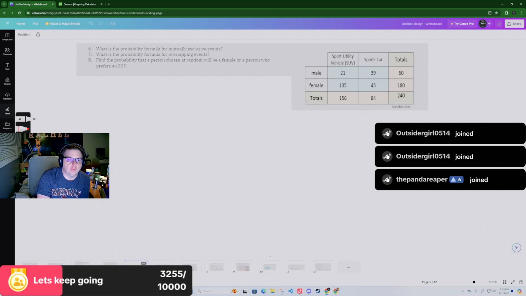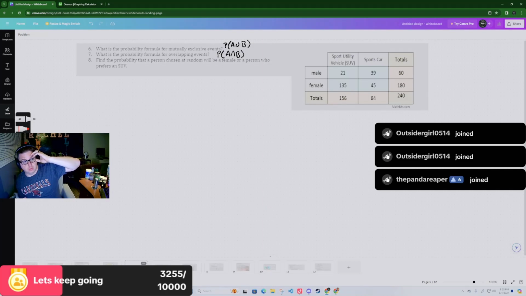What is the probability formula for mutually exclusive events? That's an OR probability. For overlapping, we're looking at an and. Find the probability that a person chosen at random will be a female or a person who prefers an SUV. So for this one, for mutually exclusive, it means there's no overlap.